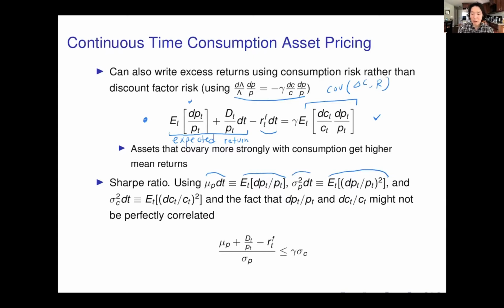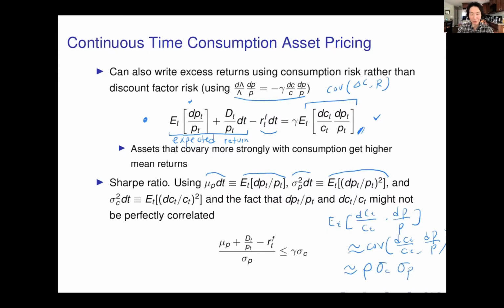Okay? Now, the second term in the previous equation, this one, the expected value of dC times dP, is basically the same as the covariance between consumption and price, and that is going to be the same as the correlation between C and P times delta C and delta P, right?